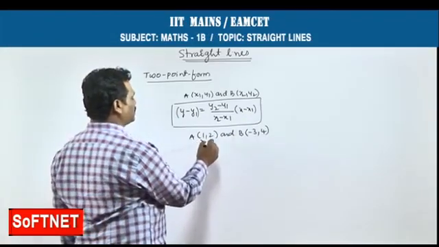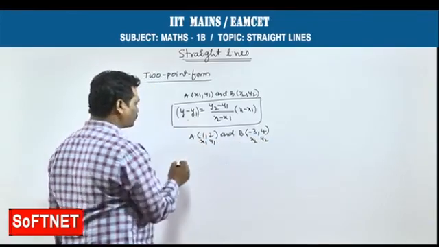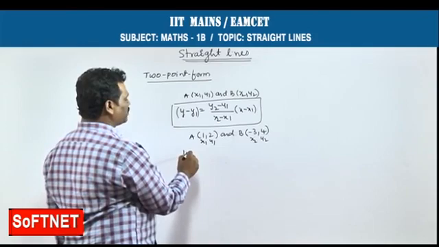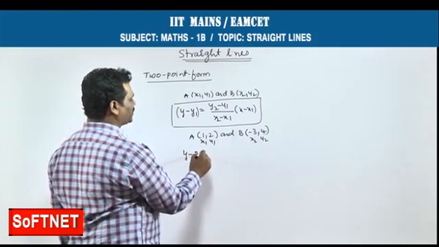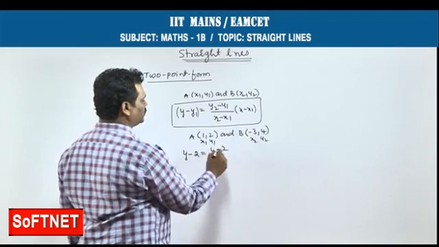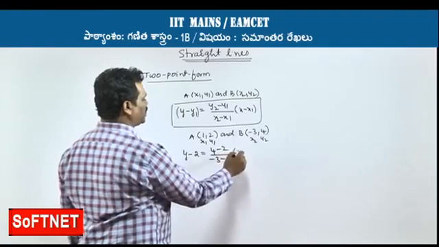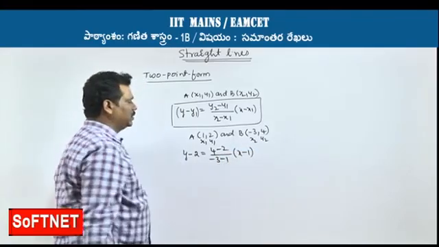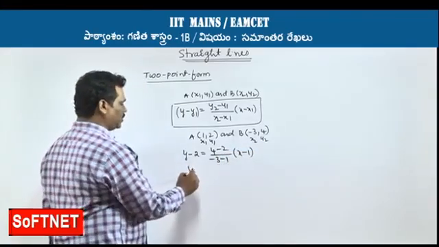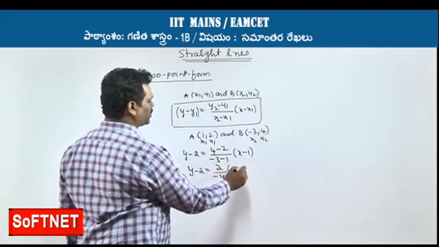Here this is x1 y1 and this is x2 y2. So, y minus 2 equal to 4 minus 2 by minus 3 minus 1 into x minus 1. So, y minus 2 is equal to 2 by minus 4 into x minus 1.